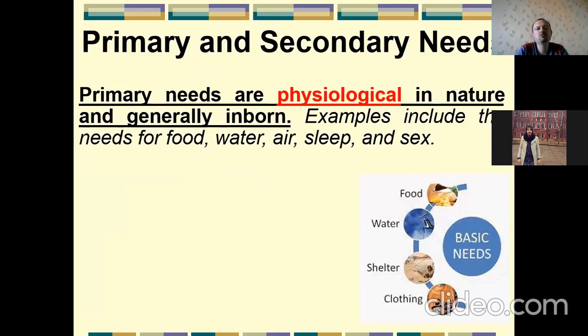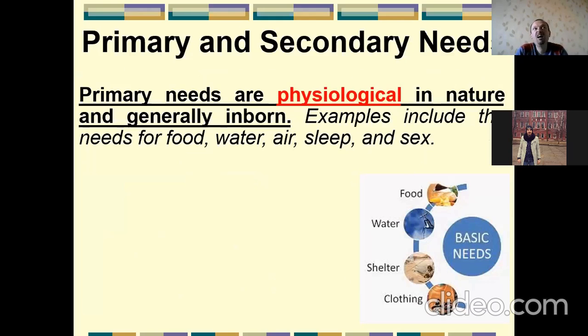It could be food, because when a child after being born, a child knows what it means to be thirsty or hungry.